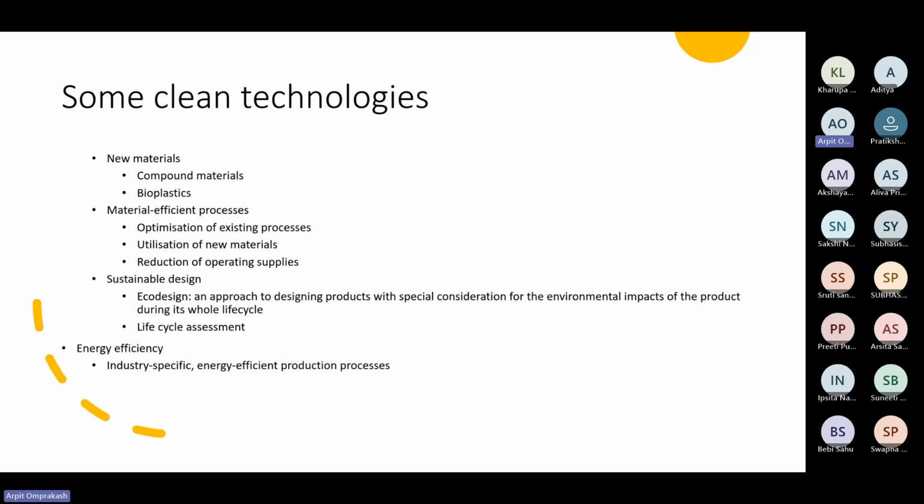Sustainable design, so things such as eco design, where we apply an approach to design products with consideration for the environmental effects of the product during its whole life cycle. So basically designing biodegradable plastic bags that can be reused, but if you throw it away, it will degrade in a very short amount of time, right?